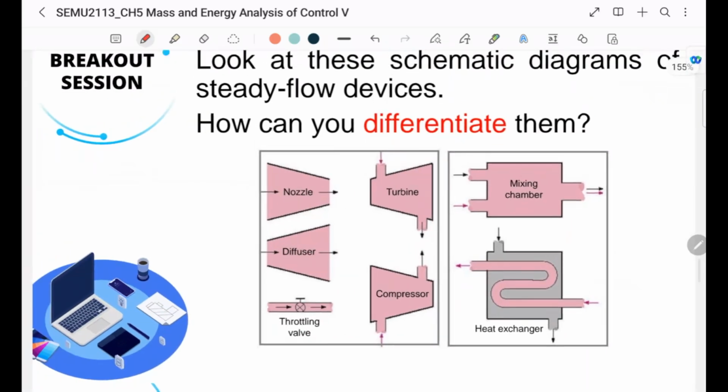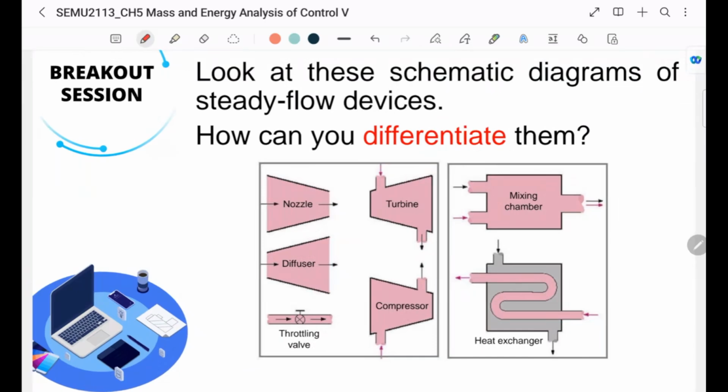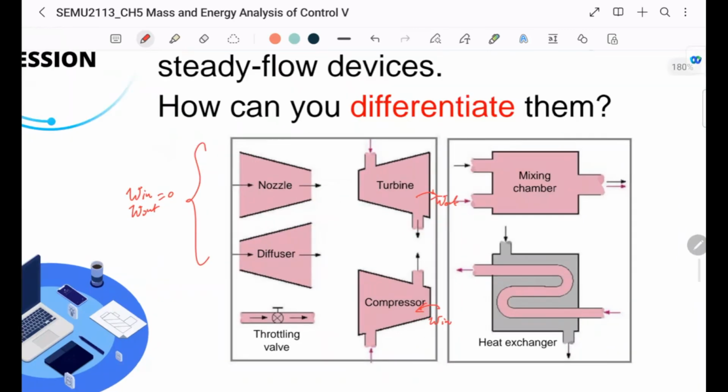So quickly, before we move into the past year question, just one more time to differentiate between all these devices. First, nozzle and diffuser: work in, work out, for sure, 0. For turbine, there's a work out. For compressor, there's a work in. That's the difference between them.